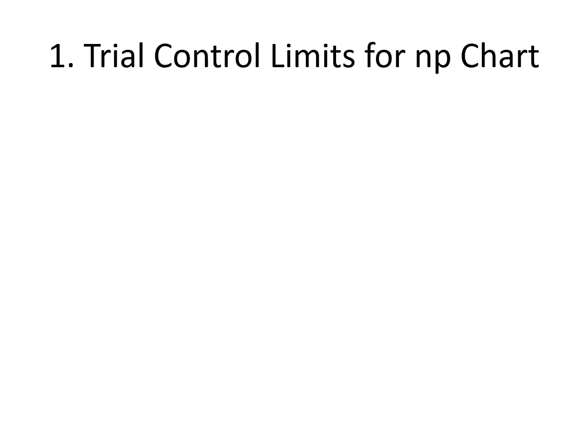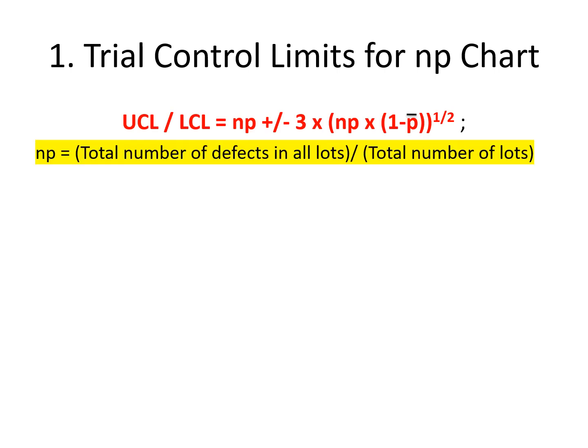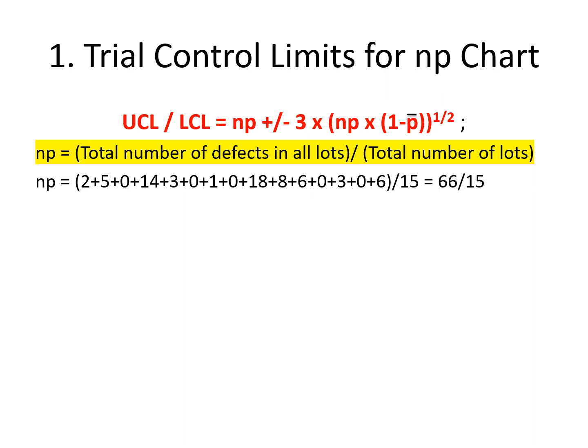So first and foremost, let us develop the trial control limits for the NP chart. The formula, as we know, is what we had mentioned. NP is the total number of defects in all the lots divided by the total number of lots. We take the sum of all the lots, 2 plus 5 plus 0, whatever was given, and we had 15 lots, so 66 upon 15, which is 4.4.